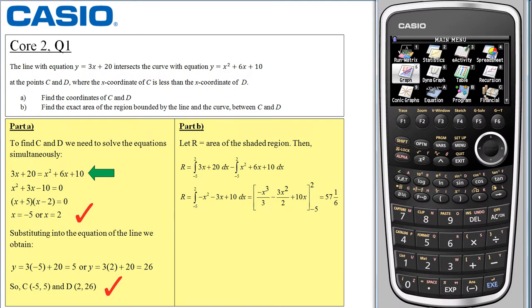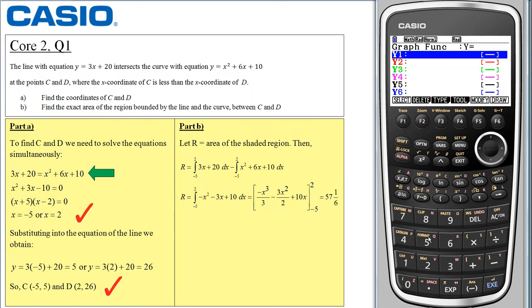If I choose option 5 from the menu, I'm taken to the graph function menu, and I'll first key in the equation of the line, which was 3x plus 20, and I select execute, and I'll now input the equation of the curve, which was over here, y equals x squared plus 6x plus 10.